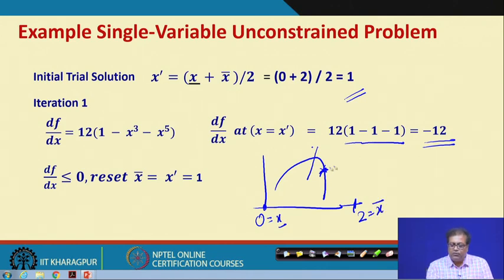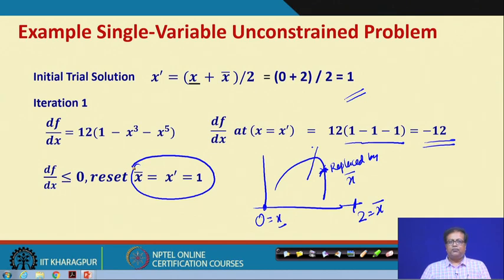That means this new point should be replaced by x bar. So, the new value for x bar should be x dash equal to 1. So, that should be our new x bar, right. So, that is the first iteration. In the first iteration, therefore, we find the new value of x bar.